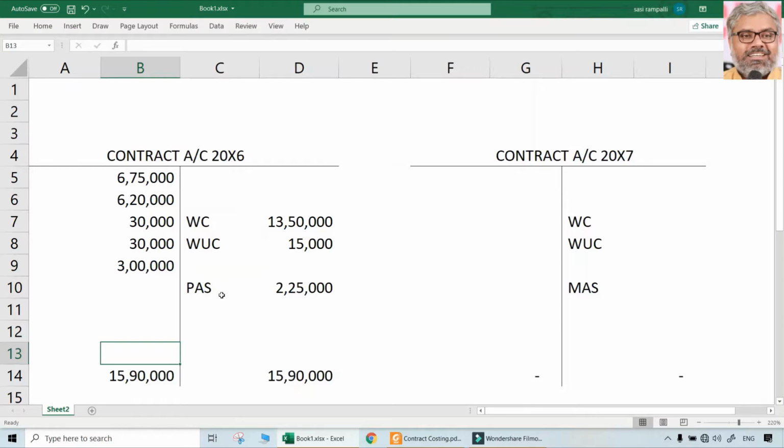And profit, notional profit can be computed like loss actually. So that means it should be the other side. Totaling should happen on the other side. First year notional loss has come.